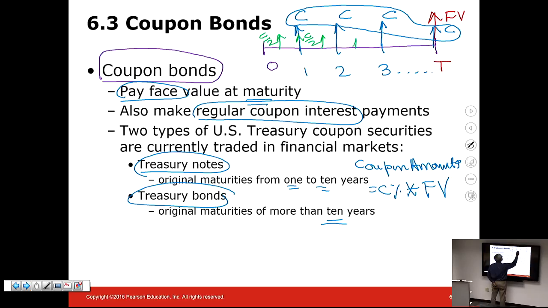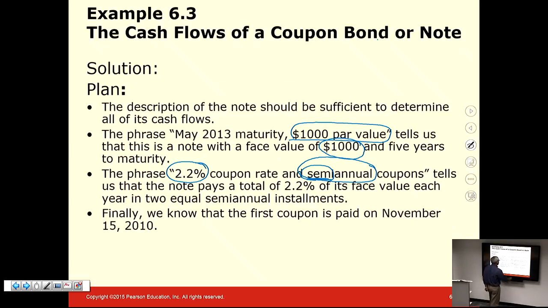So C over 2, C over 2, C over 2, and so on and so forth. That's what's key about figuring this out, whether it's 1 coupon payment per year or 2 coupon payments per year. And the coupon payment will be 2.2% of face value.